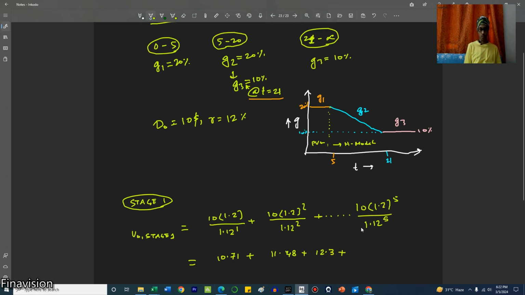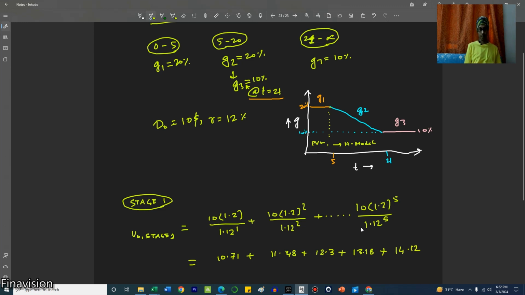1.2 to the power 4 into 10 divided by 1.12 to the power 4, 13.18, plus 1.2 to the power 5 into 10 divided by 1.12 to the power 5 is equal to 14.12.